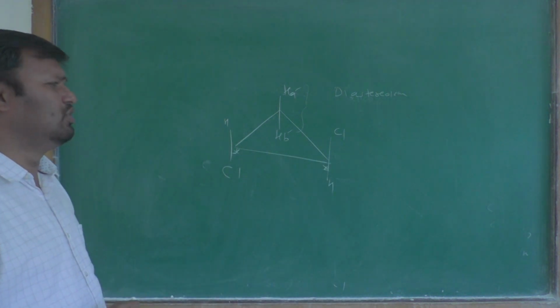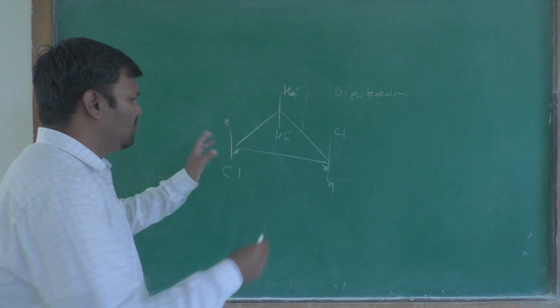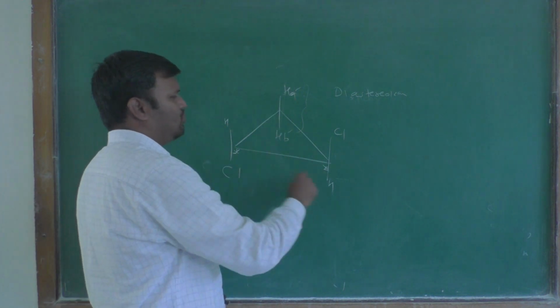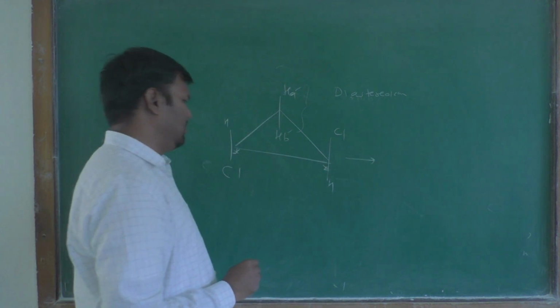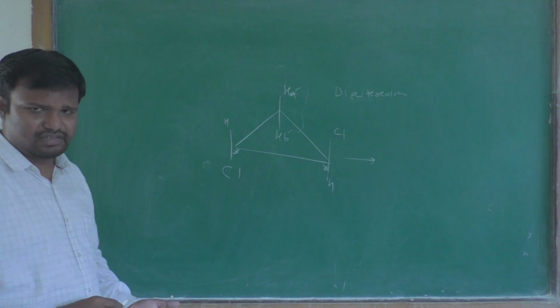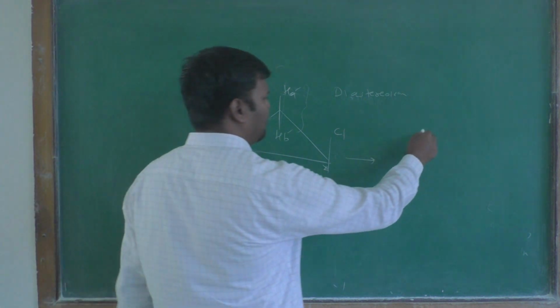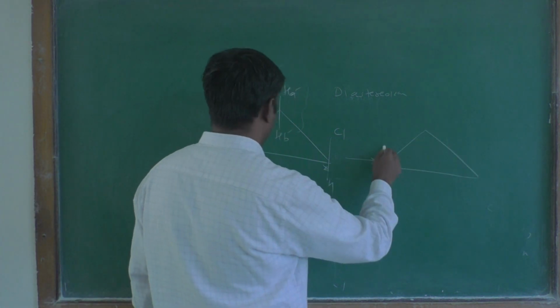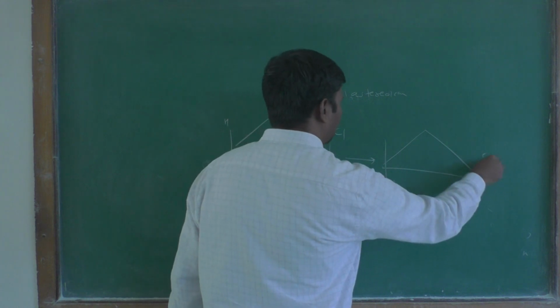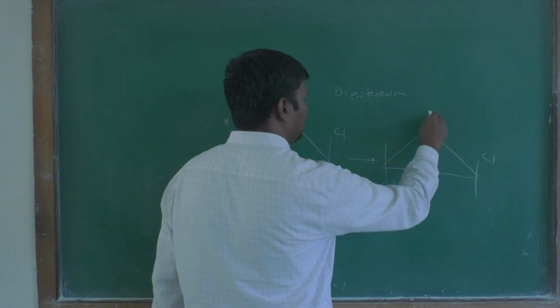One and the same compound is produced when you replace it, because when you rotate this molecule through 180 degrees, if you replace them, you will obtain one and the same compound.